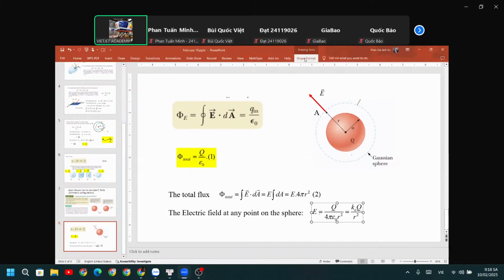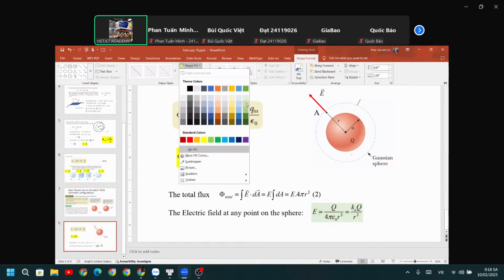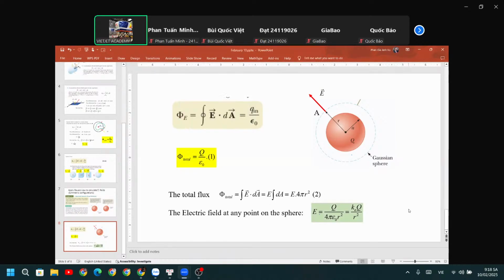The green one. What can we notice here? What can we say about the results?